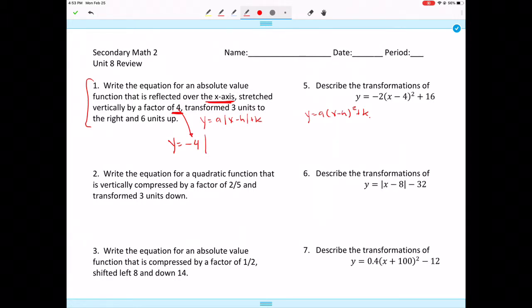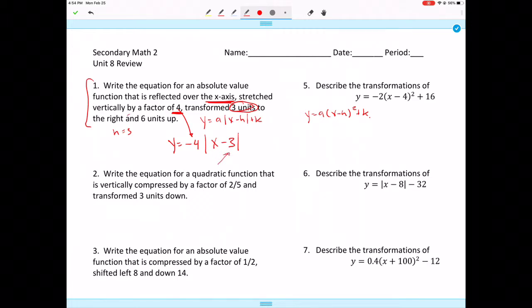All right, next, x minus. It says it is transformed 3 units to the right. So if it's going right, that means that h is positive, so h equals 3. So we'd plug that in. And oftentimes you may just realize 3 units to the right, so we're just going to plug in -3.